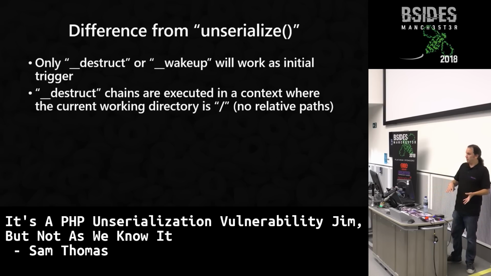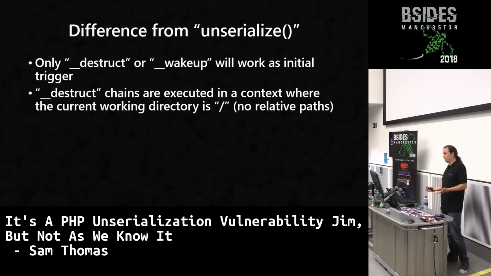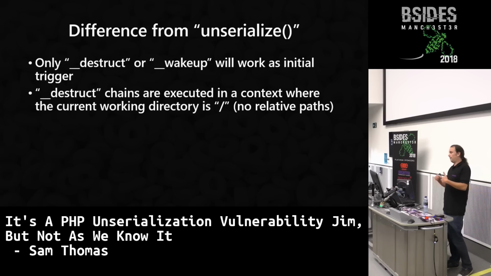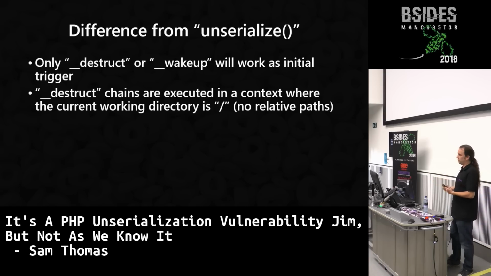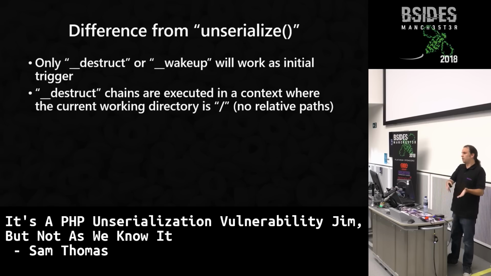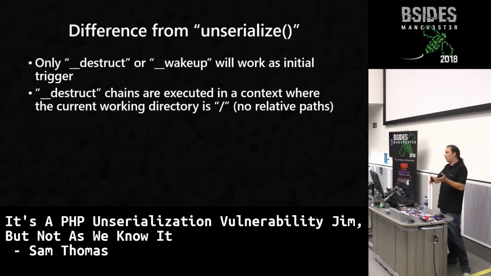If you are familiar with the standard unserialization issue, there's a couple of differences to be aware of. When a normal unserialization issue occurs, the application very deliberately unserializes something and then does something with it. So it's often easy to access a number of magic methods, not just destruct and wake up.